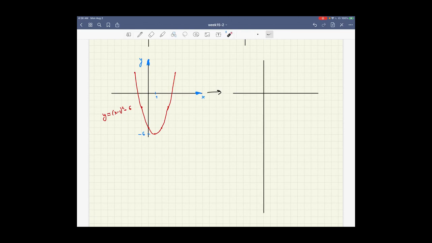And now if I can keep the same scale, maybe I can. So the vertex of the parabola will be here, 1, negative 18.